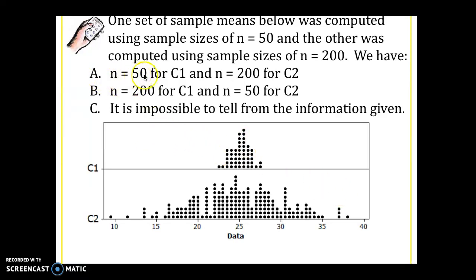So part A, does the sample size 50 go for C1 and the 200 go for C2? Does the 200 go for C1 and the 50 for C2? Or is it impossible to tell? I'll give you a hint. Think before, we talked about how the bigger the sample size, the less the variability.